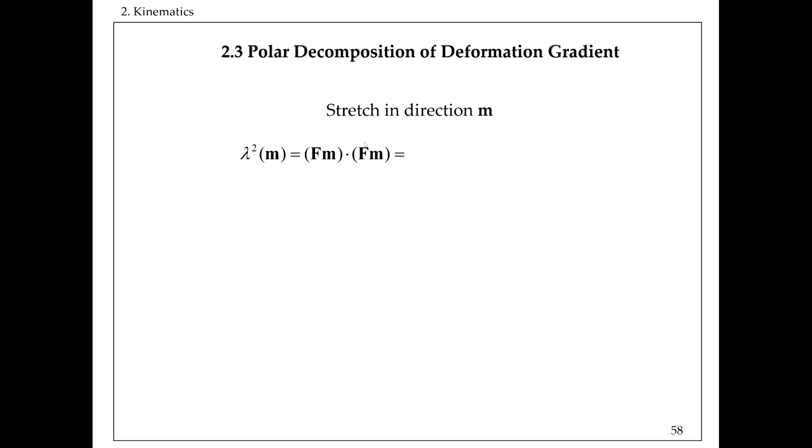The only thing we are not doing here is taking the square root as we have done before, so we're calculating lambda square here. Before, to calculate the stretch ratio, we just took a square root of the fm dot product.